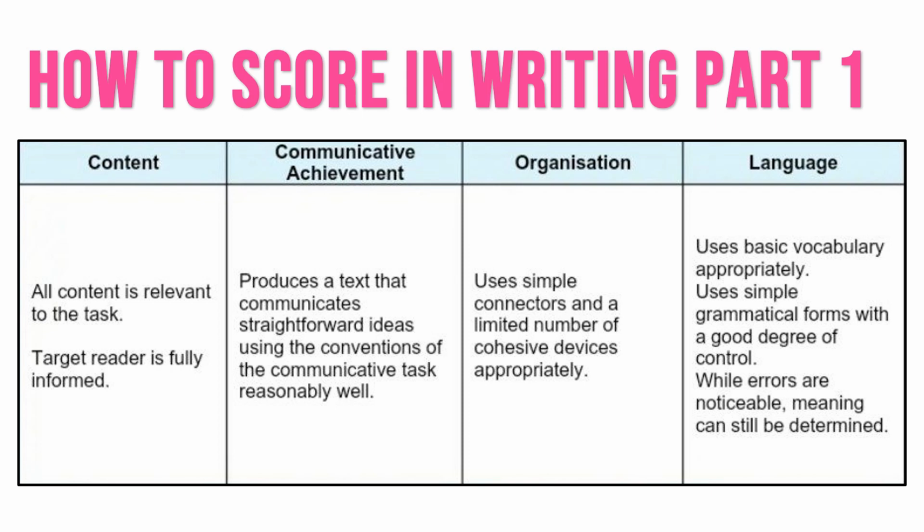In communicative achievement, you need to produce a text that communicates straightforward ideas using the convention of the communication task reasonably well. In the organization criteria, you need to use simple connectors and a limited number of cohesive devices appropriately. And finally, in the language, you need to use basic vocabulary appropriately, as well as use simple grammar forms with a good degree of control.